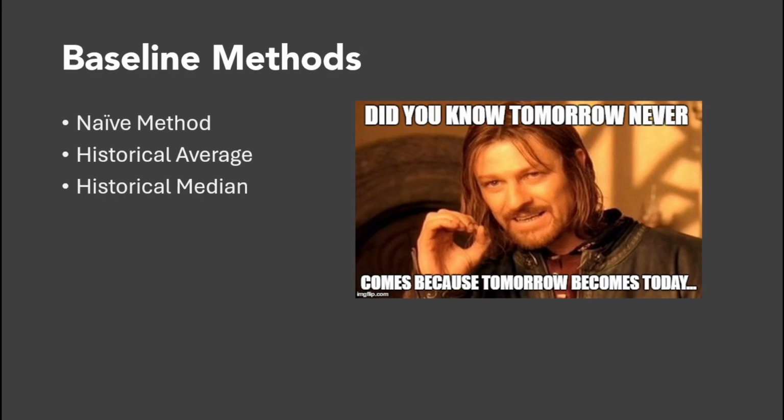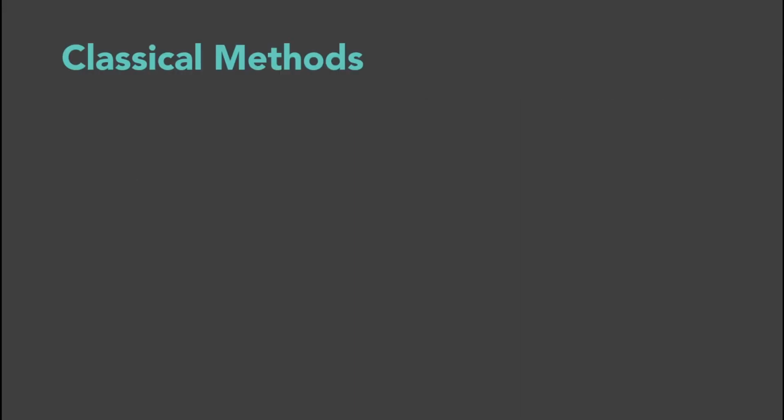We could also use the average or median of the historical values. And we can make a slight improvement by using a simple moving average to smooth out the trends. You might find these approaches rather lackluster, but sometimes these are the ones that work best for a short time series. Now we've got the classical methods, and often these are the ones that will get the job done.